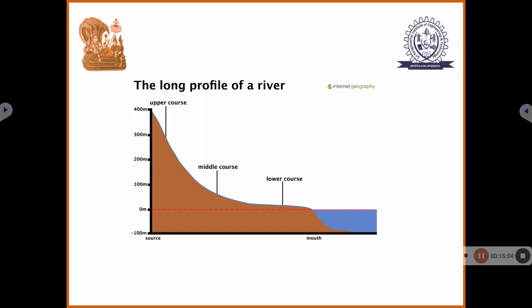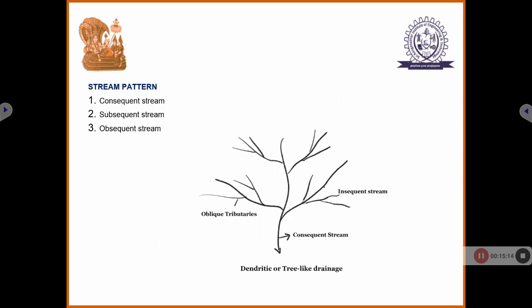Here we have shown you a long profile of a river: upper course, middle course and lower course. Now, how the river flows shows you a stream pattern. That is, it can be consequent, subsequent and obsequent.